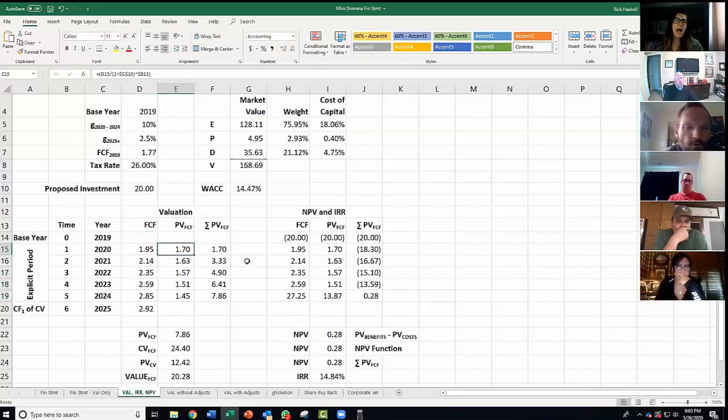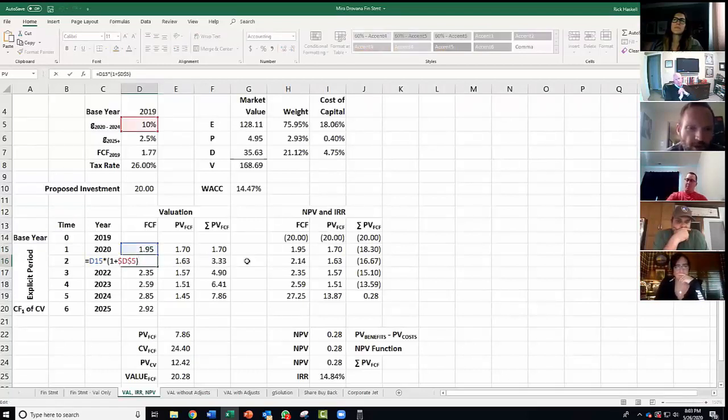In the next call, go ahead. Just a quick question, Rick. Just to make sure I follow the order of operations: obviously you have everything filled in here. So let's say we go to start this and all we have is just the variables at the top to figure out the rest of the table. We know from our previous spreadsheet assignment that the cash flow for 2019 is 1.77.